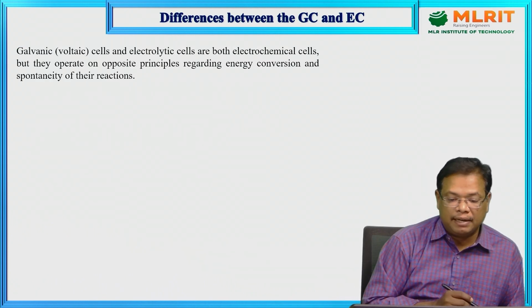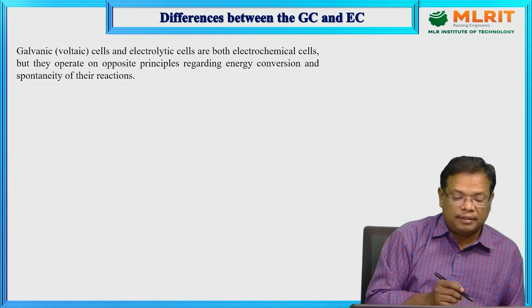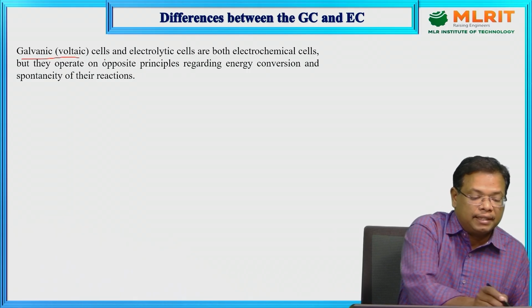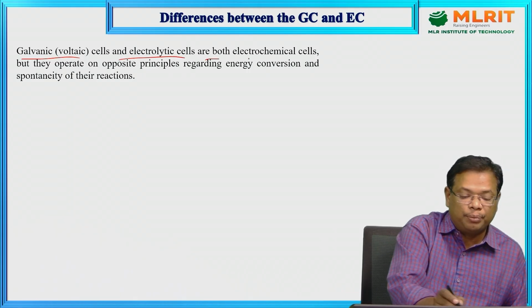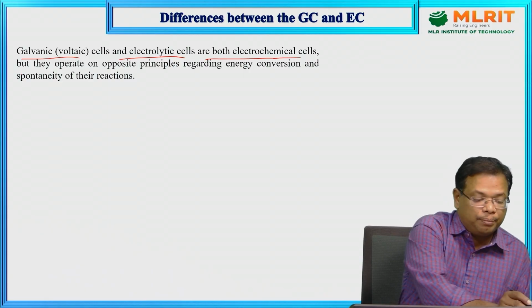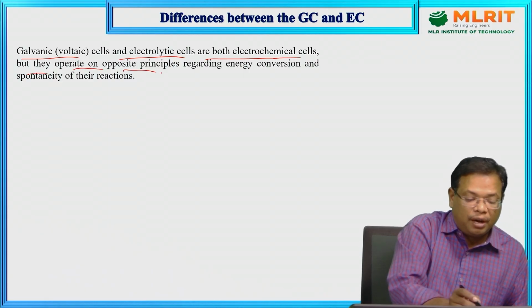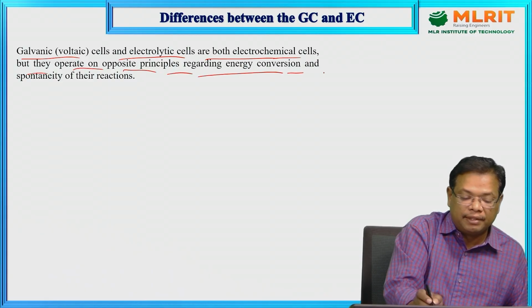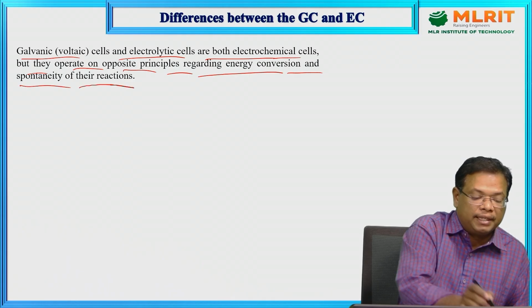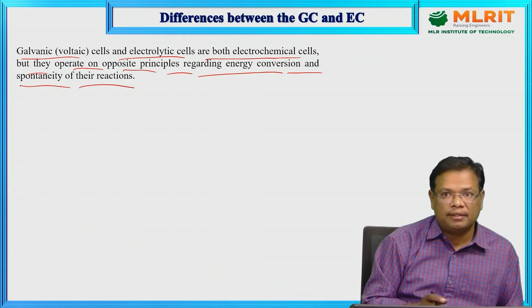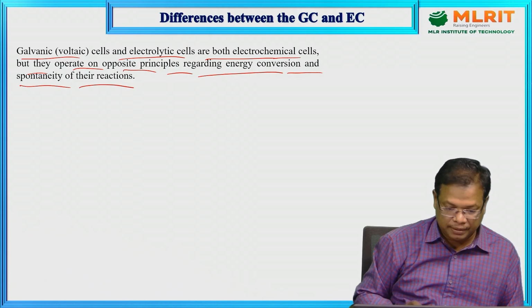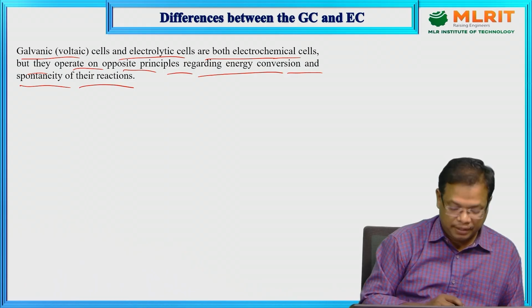Difference between galvanic cells and electrolytic cells. Galvanic cells and electrolytic cells are both electrochemical cells, but they operate on opposite principles regarding energy conversion and spontaneity of the reactions. So they depend on opposite principles.